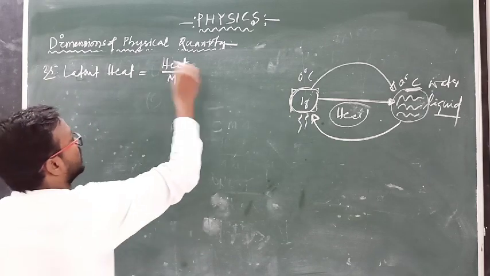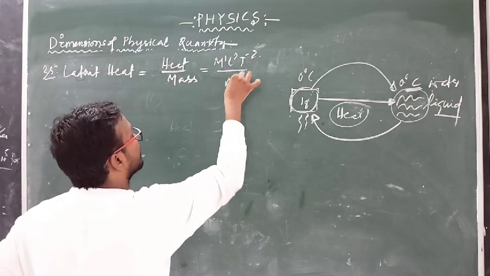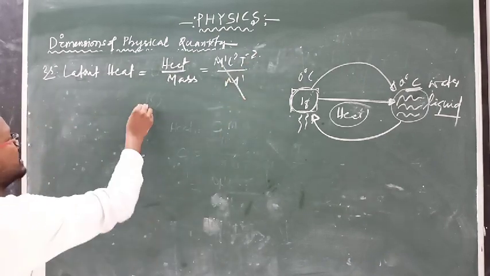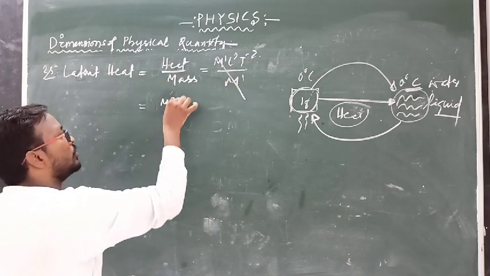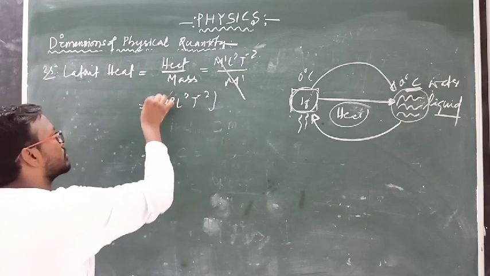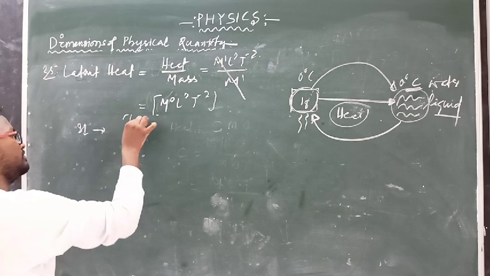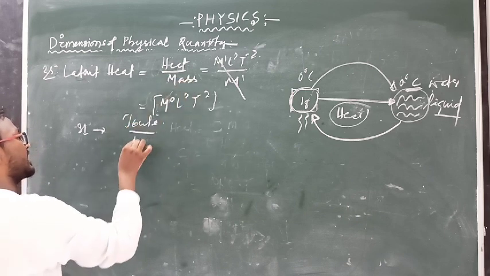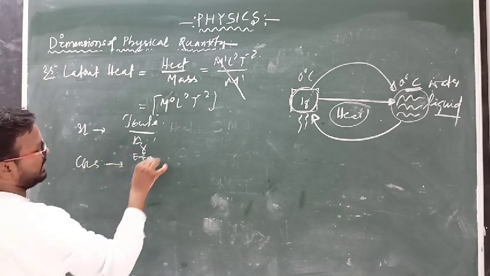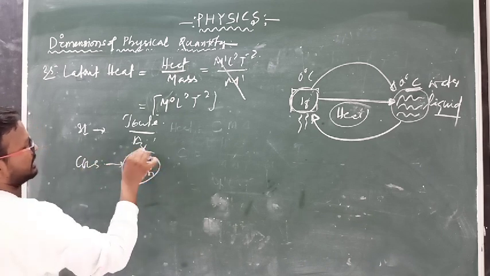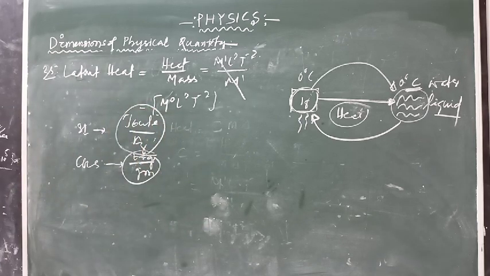And you already know the dimension of heat, M1 L2 T^-2, divided by mass M1, mass cancels, and the dimensional formula of latent heat is M0 L2 T^-2, and you can write the SI unit here, joule per kg, or you can write the CGS unit, erg per gram. This is the unit of latent heat. Clear?